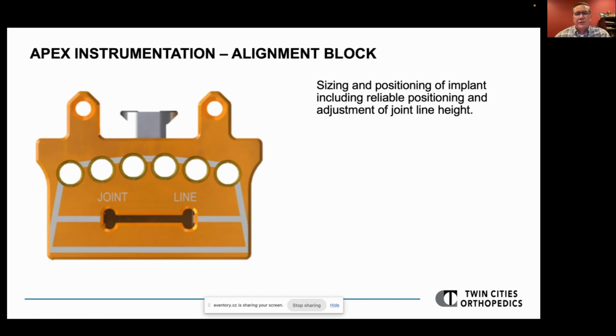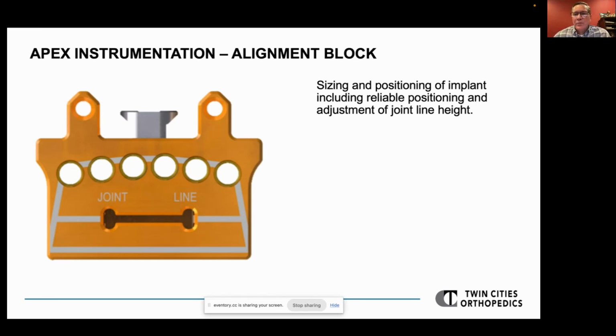So it's not set off of some number of millimeters of resection that we do. We put the joint line height where we think we need it, and then we resect enough bone on both sides of that joint line, on both the tibial and talar side, to allow for enough room to put our implant in. But it's not that we're taking a certain amount of tibial bone or a certain amount of talar bone.